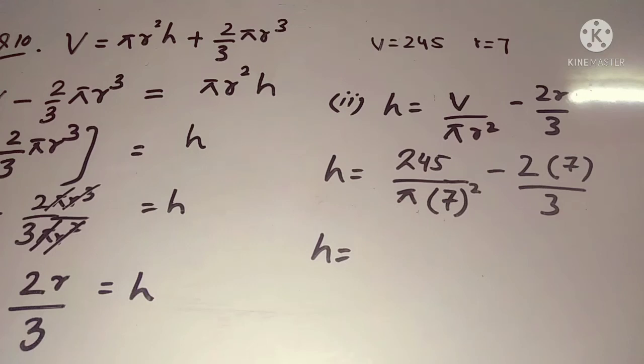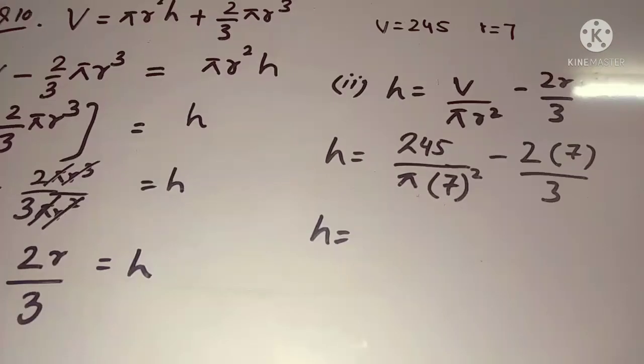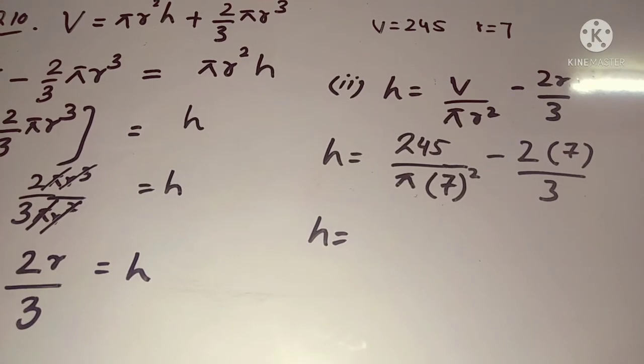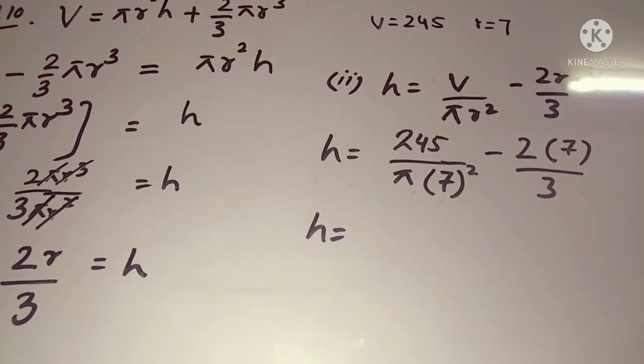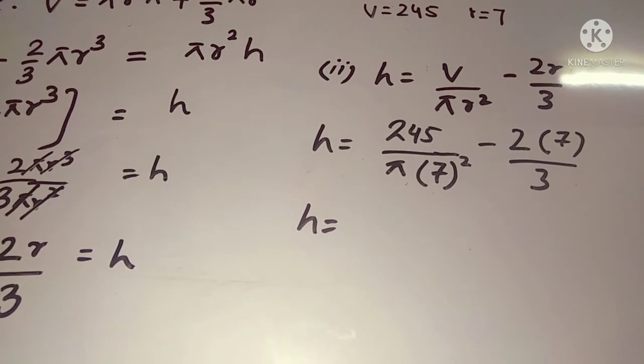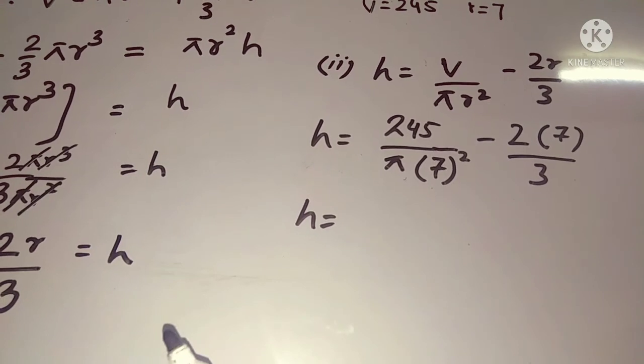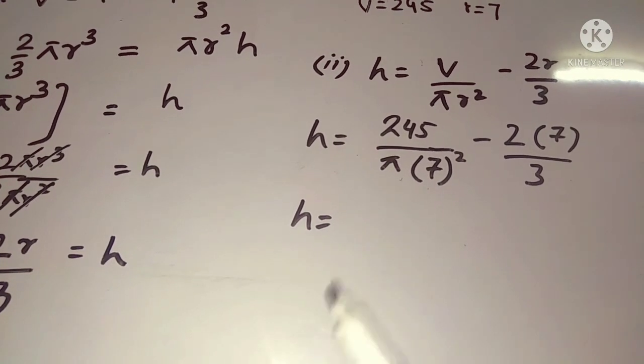So what's the answer when you multiply 49 with pi? You will get 49 pi equal to 153.93804.